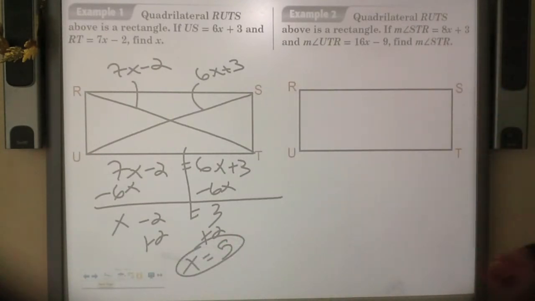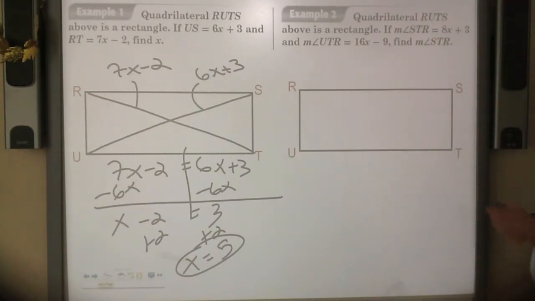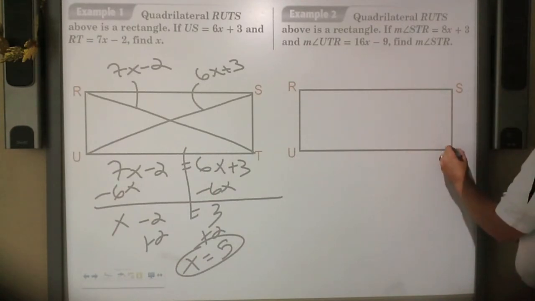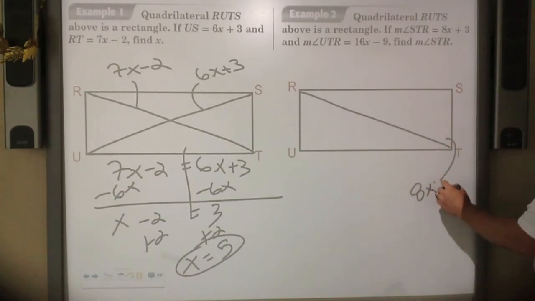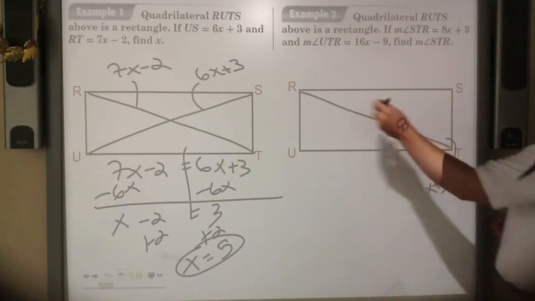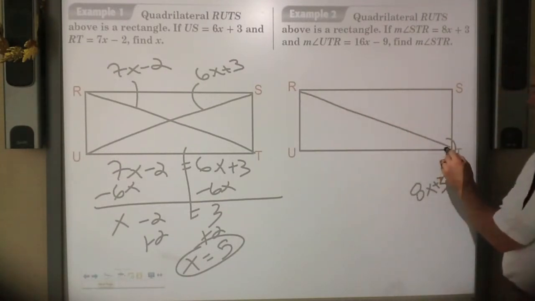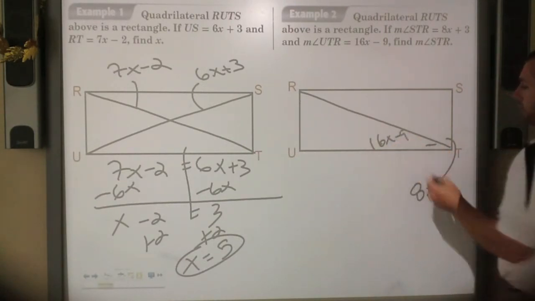Now for this one, it says RUS, so it's the same thing, but now they're talking about angles. And it's angles STR, so I have to draw in that diagonal. That angle is 8x plus 3. Now UTR, so this angle right here is 16x minus 9.